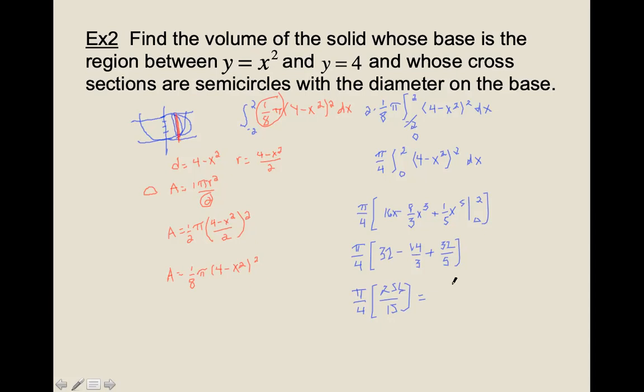I should be able to do that. 64, that was going to be my first guess. So we have 64/15 pi, okay? And we could do this again with a different shape, but I think you get the idea. So the base is always going to be the area between two curves. And then the height is just going to be whatever cross section they give us, right? That tells us how tall the shape is.